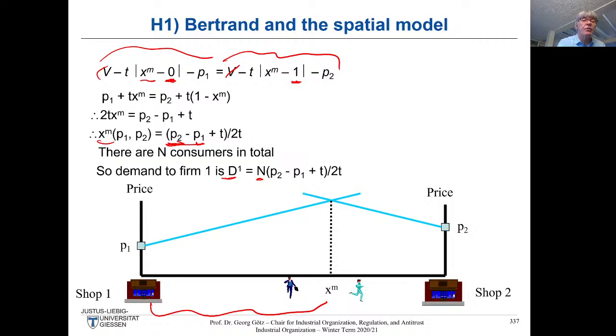That should be clear. And of course here, demand for firm 2 would be just firm 2's share, which would be just 1 minus XM, okay? And D2 would then be N times this 1 minus XM.